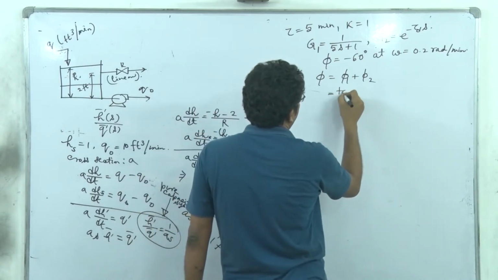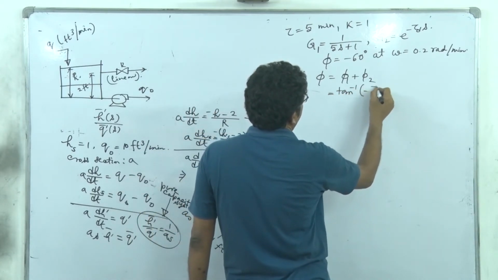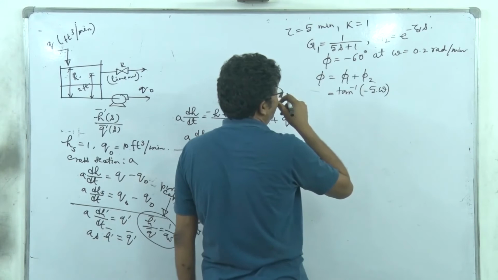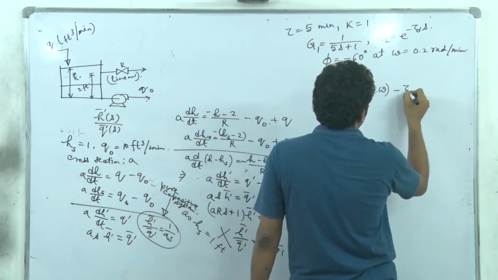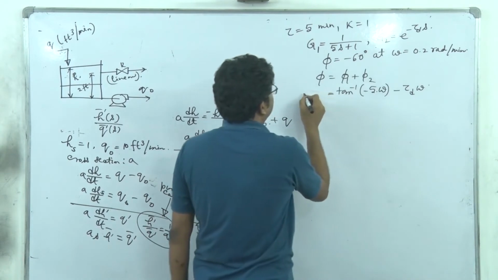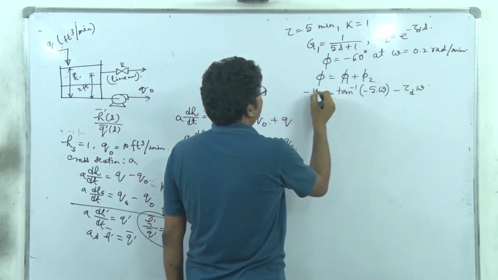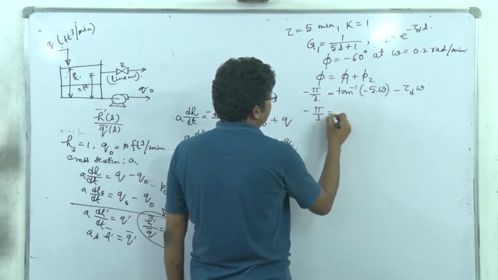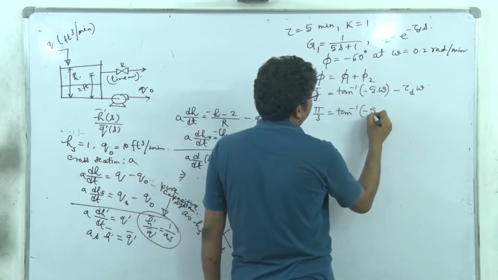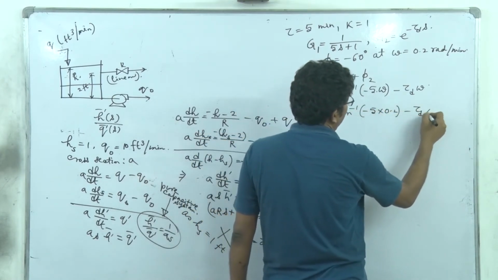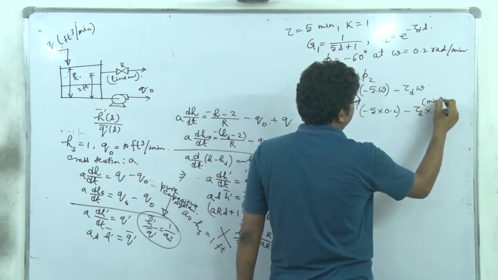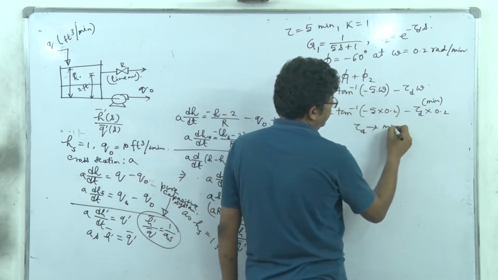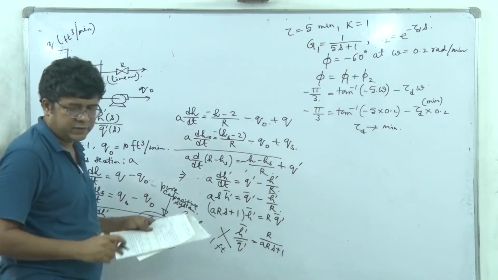So this is tan inverse of minus 5 omega, minus tau d into omega, and that is minus 60 degrees, which is minus pi by 3. So minus pi by 3 is equal to tan inverse of minus 5 into 0.2, minus tau d into 0.2, where tau d will be in minutes. From there, finding this inverse, we can solve for tau d. So that's also a GATE question.